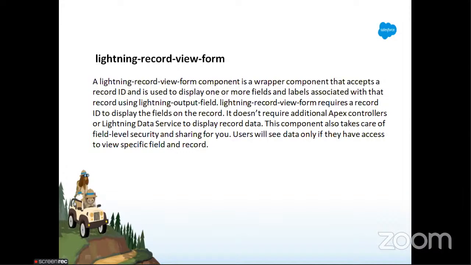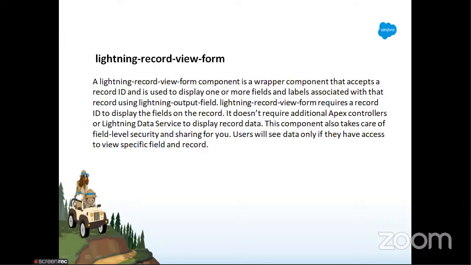That means the record view form is basically a pre-built component provided by the Lightning environment, the LWC environment, and that particular component accepts a record ID from Salesforce itself, and displays the fields that you want to display over them, right?